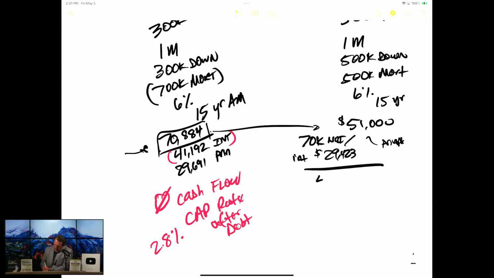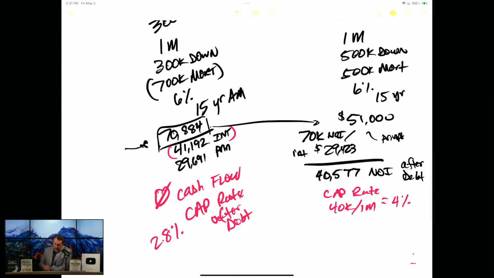Then that means I have $40,577 of an adjusted NOI. So this is my net operating income after debt. So that changes my cap rate. Now my cap rate is 4%. It's $40,000 approximately divided by the 1 million.